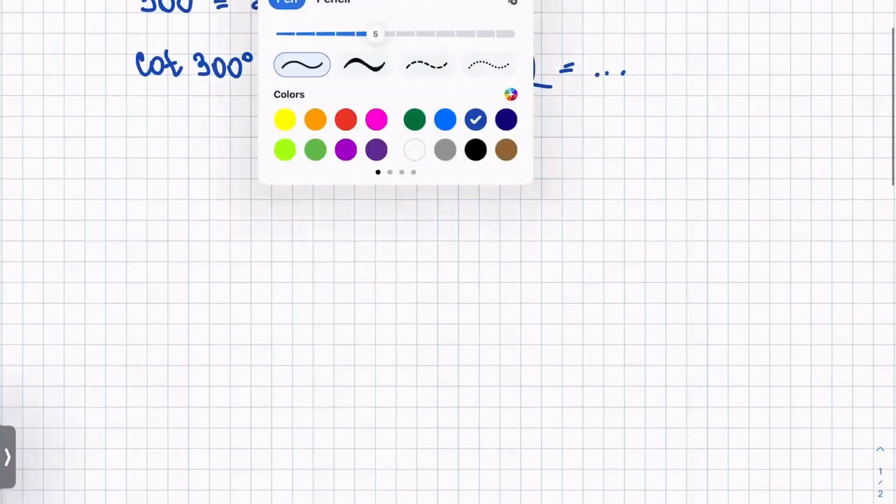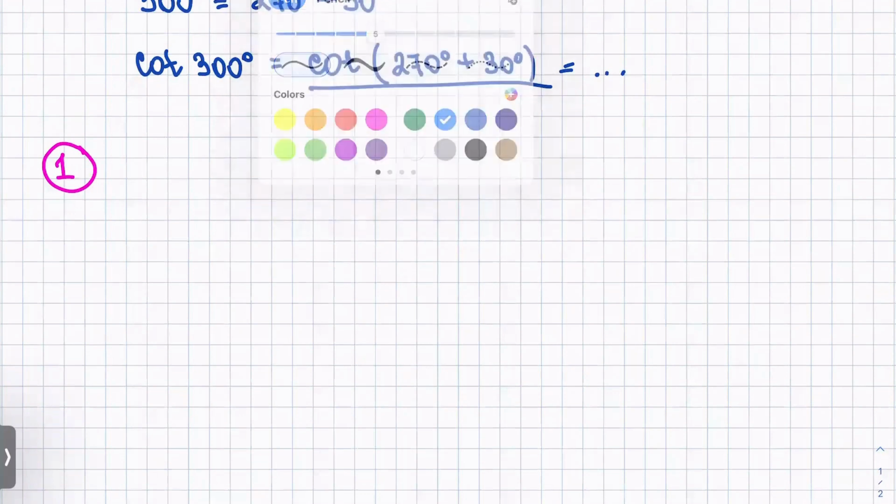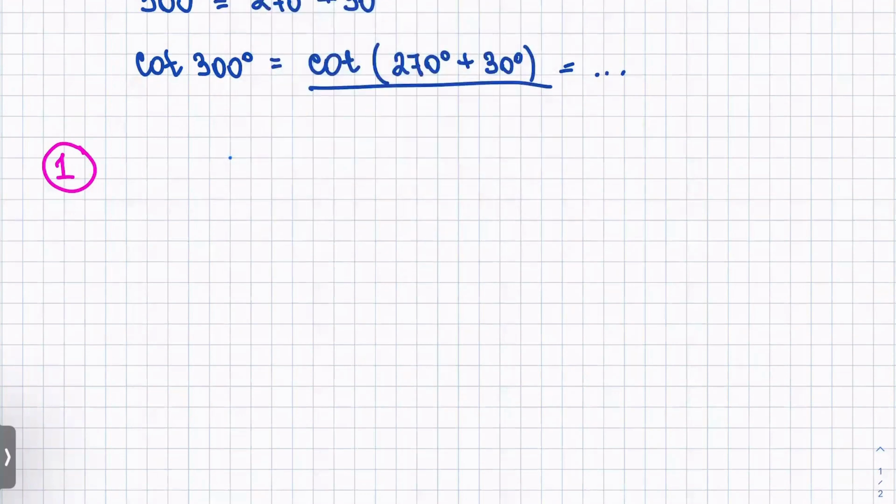To finish this calculation, the first step is that we all have to recall the unit circle with the signs of all trigonometric functions. So what do I mean by it? I will sketch a unit circle.